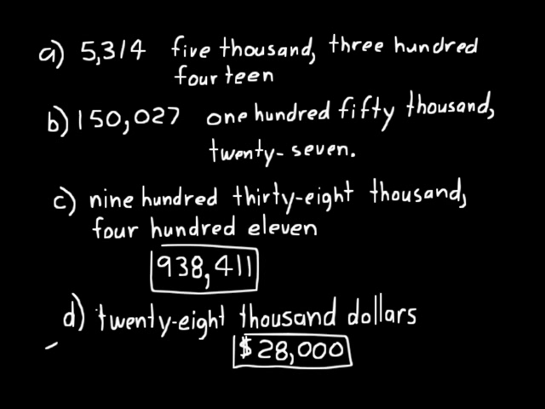Now one more thing, if you look on page 27, they have something called ordinal numbers. 1st, 2nd, 3rd, 4th, 5th, 6th, 7th, 8th, 9th, 10th, 11th, 12th, 13th, 14th, and so on.